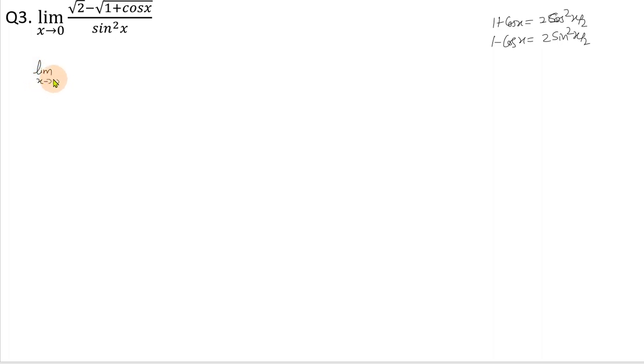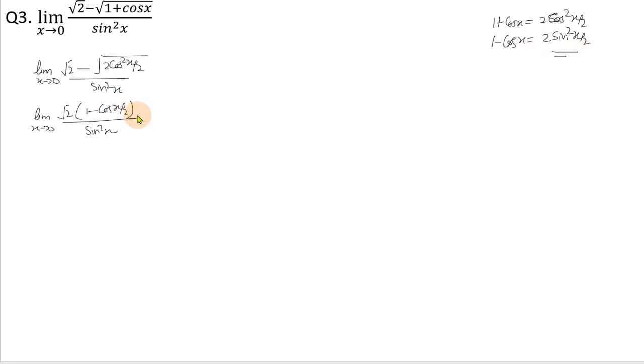limit x approaches 0 square root of 2 into, we write 2 cos square x by 2 upon sin square x. Now taking root 2 common, so here we get 1 minus cos x by 2 upon sin square x. Now 1 minus cos x is equal to 2 sin square x by 2.